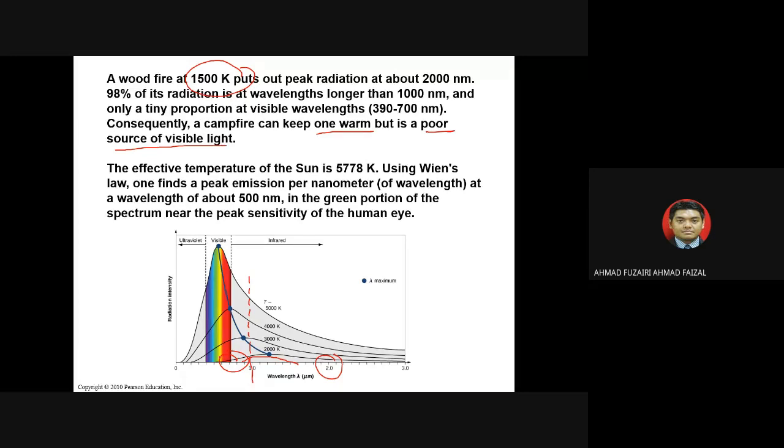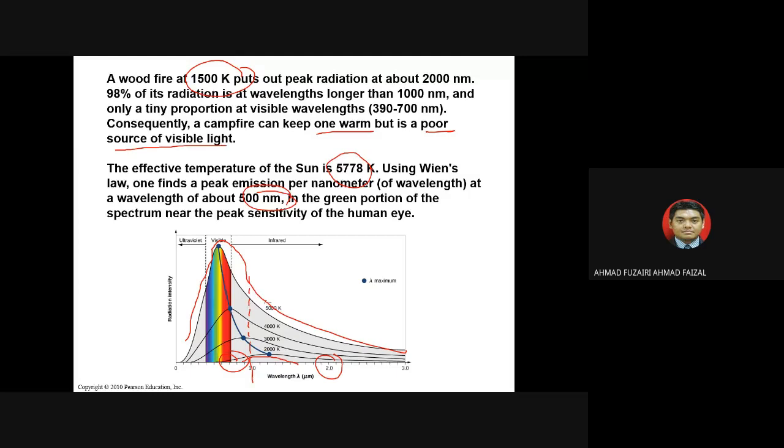The effective temperature of the sun is around 5,700 Kelvin, slightly higher than 5,000 Kelvin. Using Wien's law, one finds a peak emission at a wavelength of about 500 nanometers, in the green portion of the spectrum, near the peak sensitivity of the human eye.